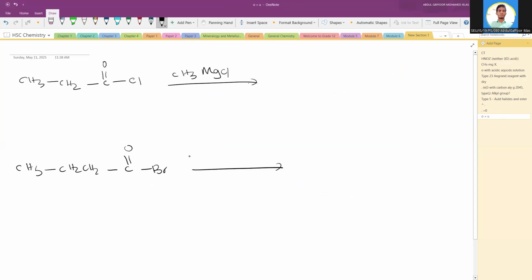We put, let's say, benzene MgCl. Try these two. Very simple.